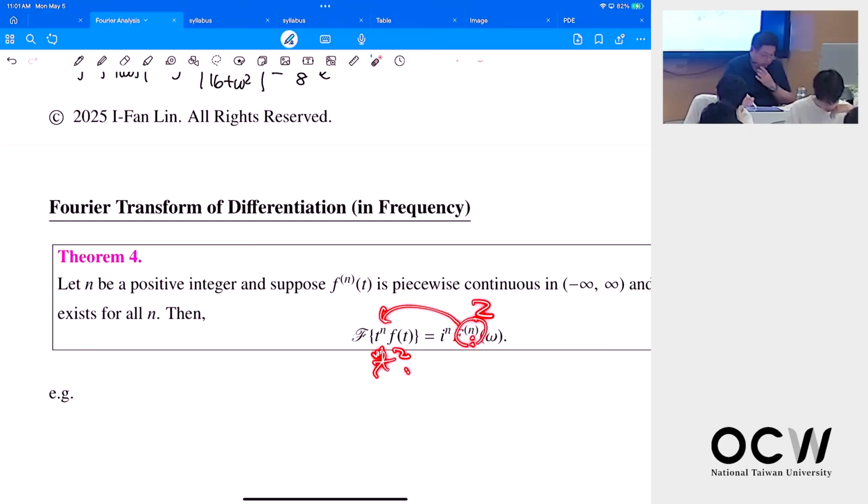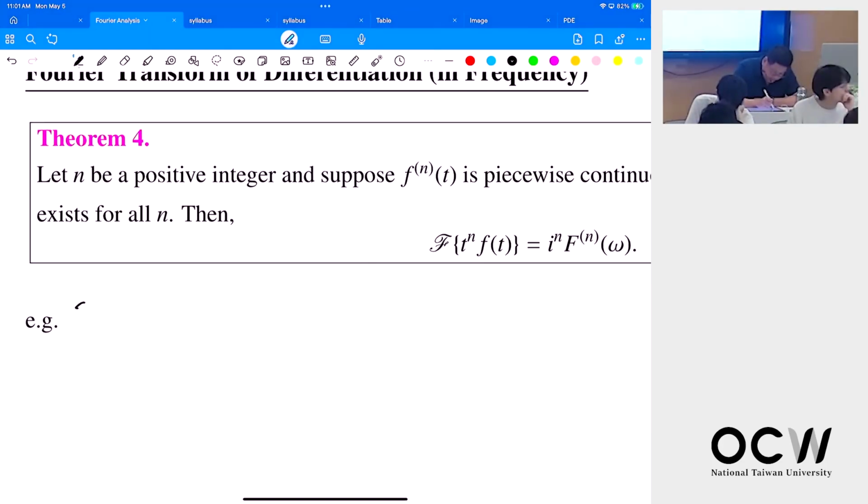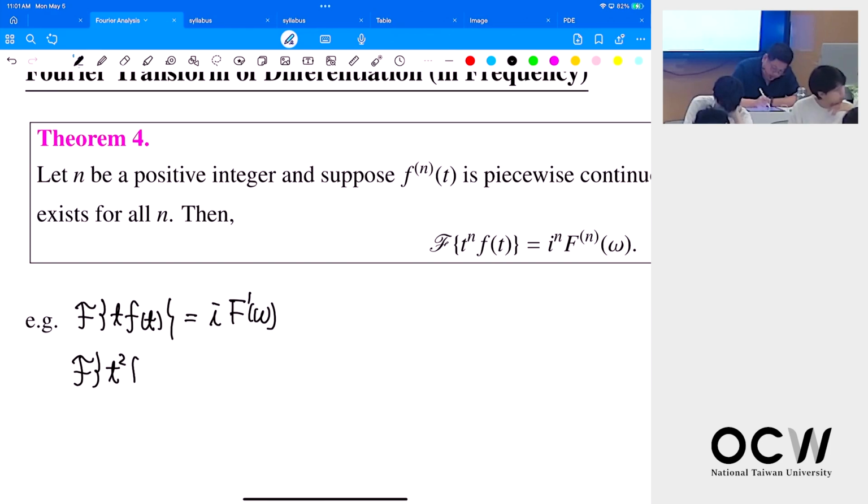I will multiply by t twice. So the Fourier transform of t times f of t means I will take the first derivative in the frequency domain. If I have t squared times the function, that means in the frequency domain I take the derivative twice.